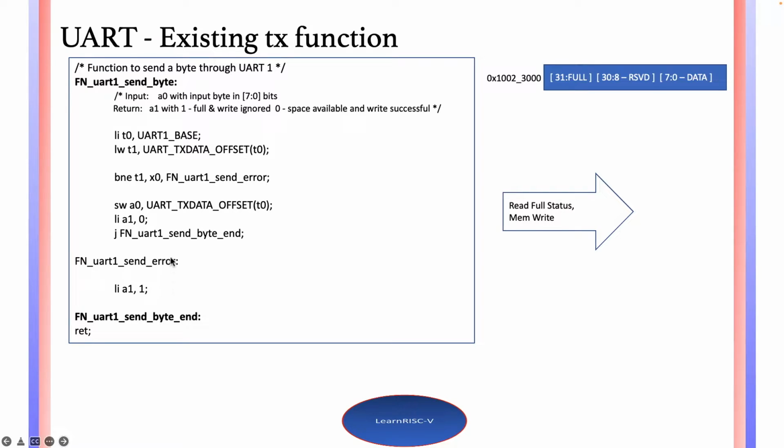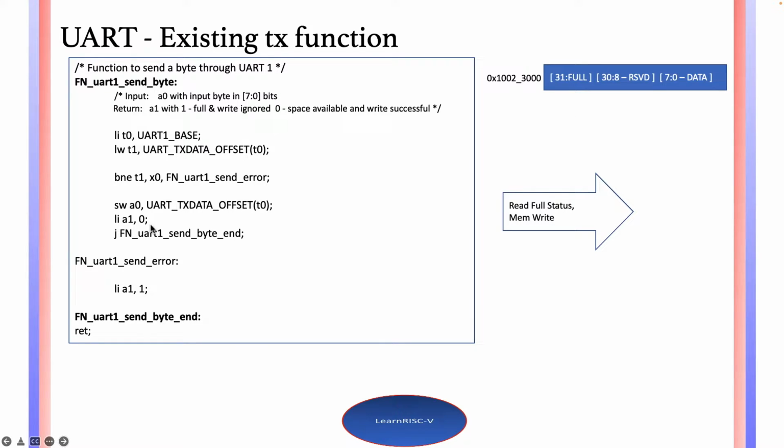If it is full, this function would just return a 1 in the A1 register, which I validate and check before sending, to decide if the data has to be sent again or not. So this is how the function was, at least.